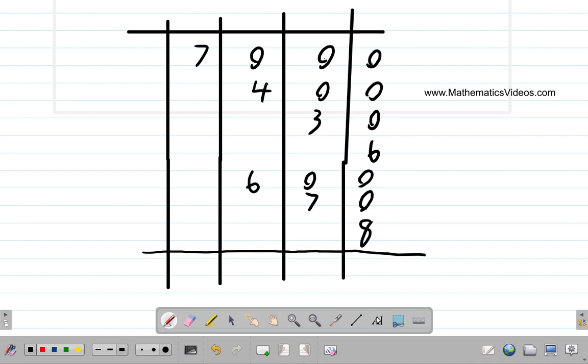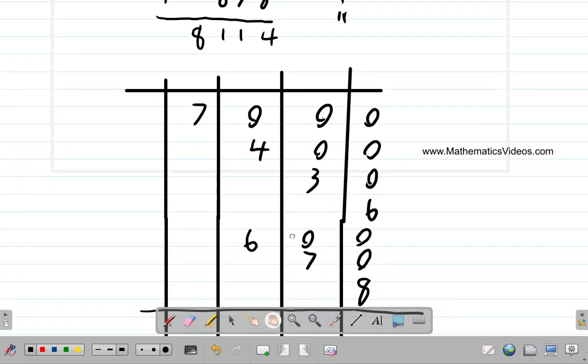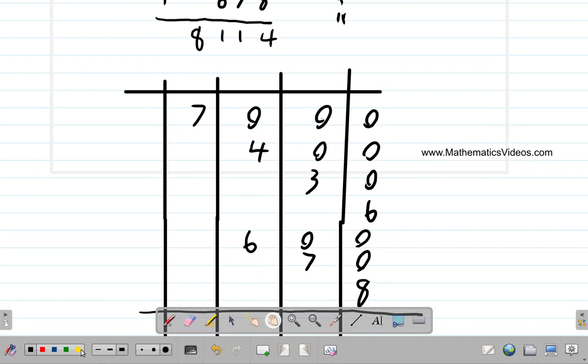Now remember these are columns, right? So you have ones, tens, hundreds, thousands. The 1,000 column, the 100 column, the 10 column, the 1 column, right? We just want to understand certain things to a certain level.